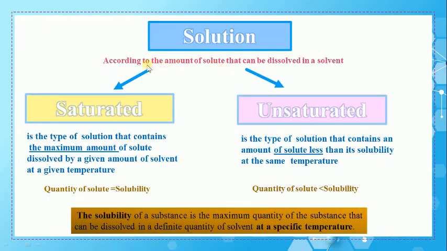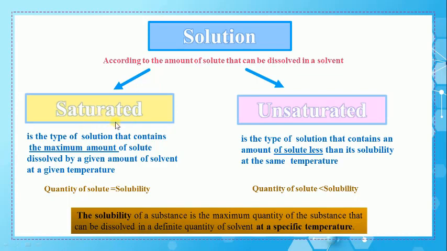So, the solution, according to the amount of the solute that can be dissolved in a solvent, can be classified into saturated and unsaturated solution. The saturated solution is a solution that contains the maximum amount of solute dissolved by a given amount of solvent at a given temperature.